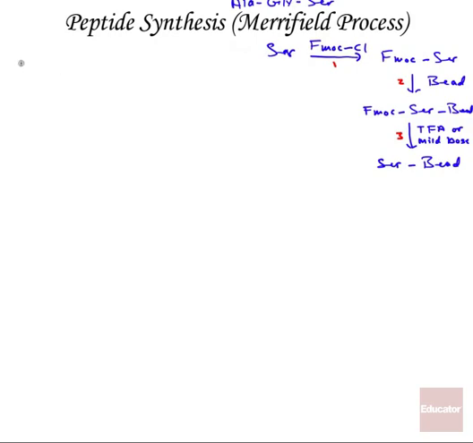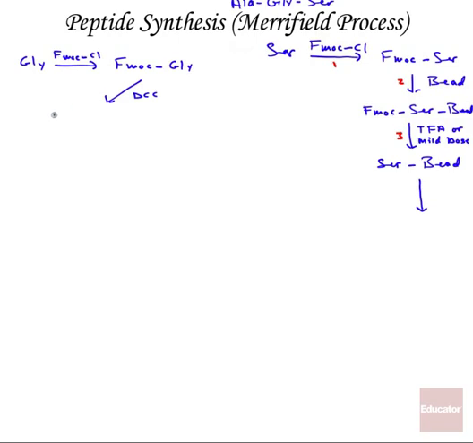Okay, so over here, now I'm going to deal with the glycine. I'm going to make it ready. So this is going to be coming in this way. So I've got glycine. I'm going to react glycine with my FMOC chloride in order to produce FMOC glycine. And then I'm going to react that with something called DCC.